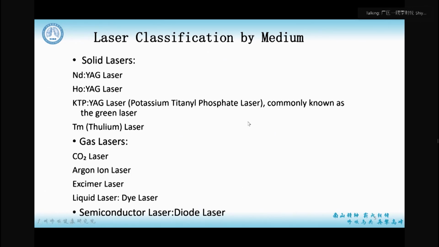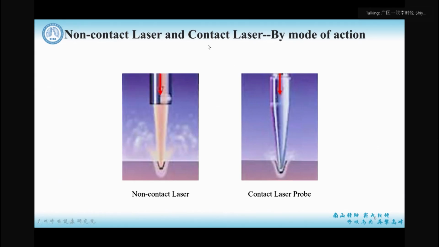As we know, lasers are classified by medium into solid laser, gas laser, and semiconductor laser, and by mode of action, we can divide them into non-contact laser and contact laser.